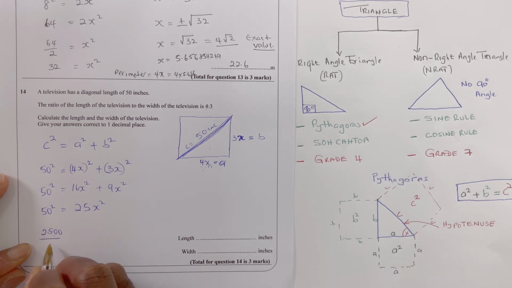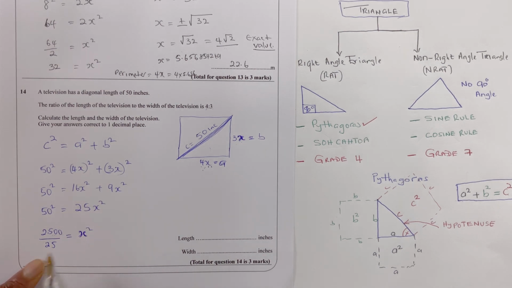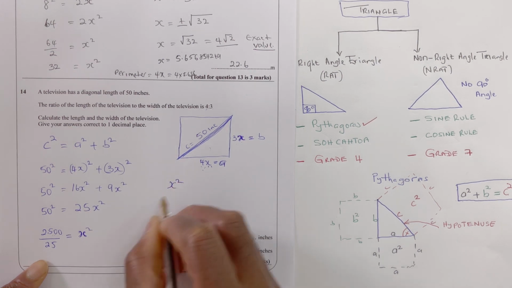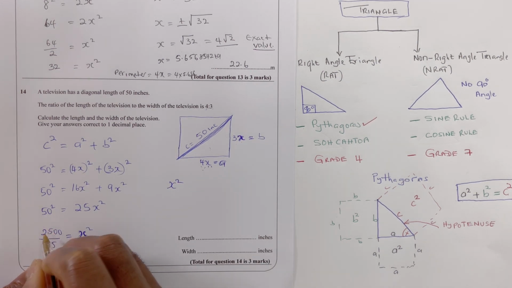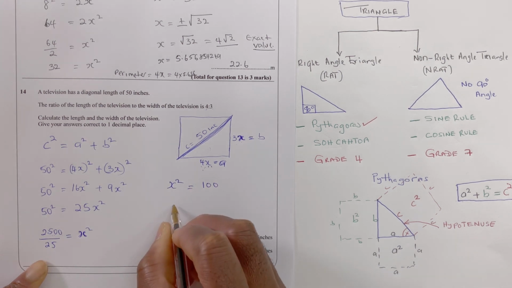That is divided by 25, and that would be x squared. So what did I do? I divided both sides by 25. Which means that I'm getting x squared. 25 cancels 25, and you got 100. So x squared is 100.